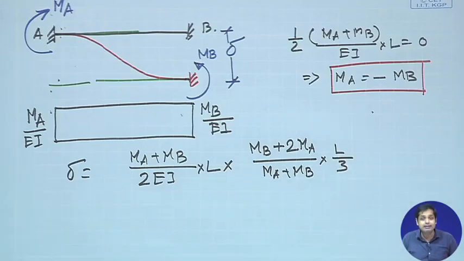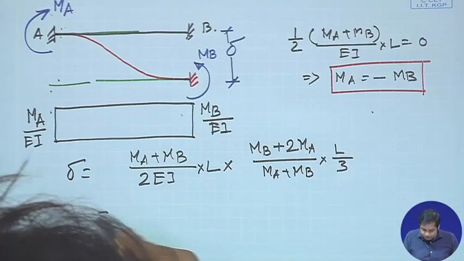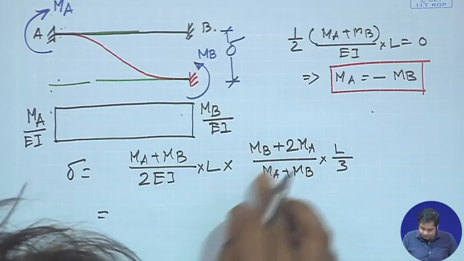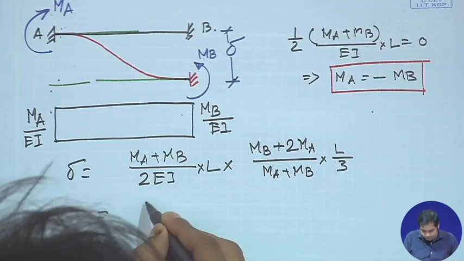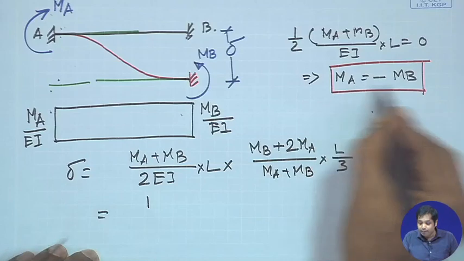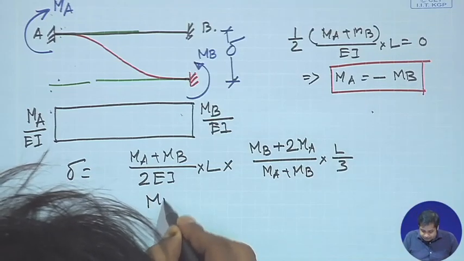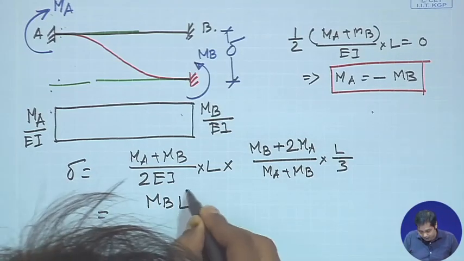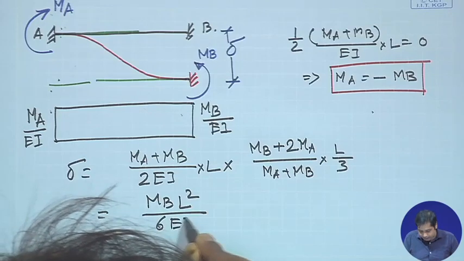That is delta, right. By some algebraic manipulation, and substituting MA equal to MB, we get this equal to MB L square by 6EI.